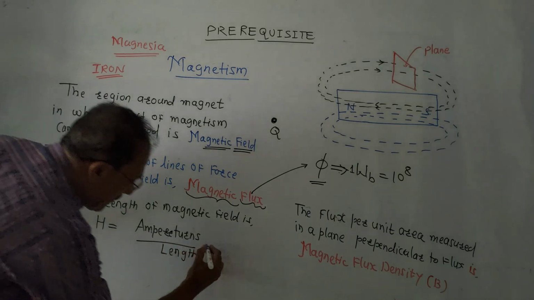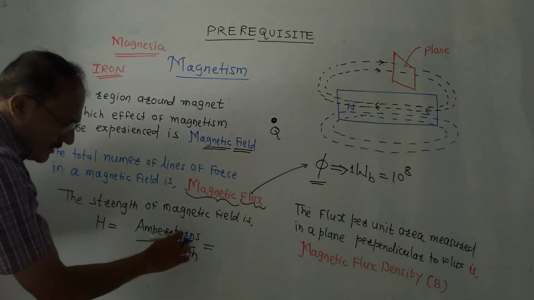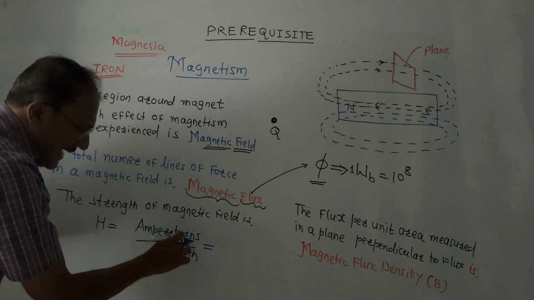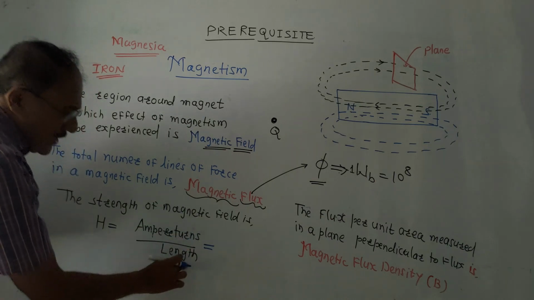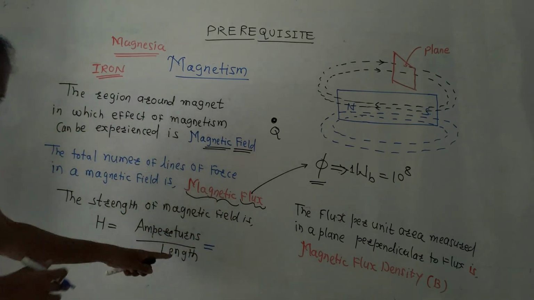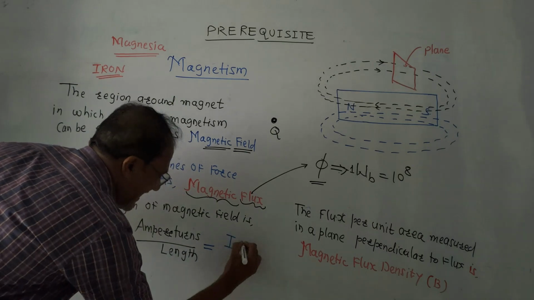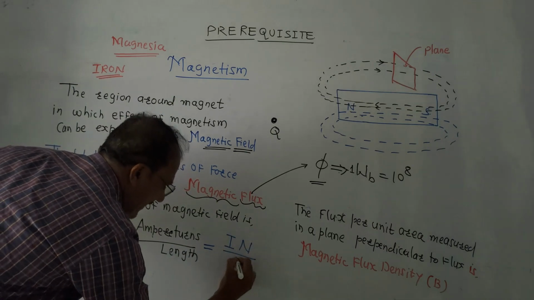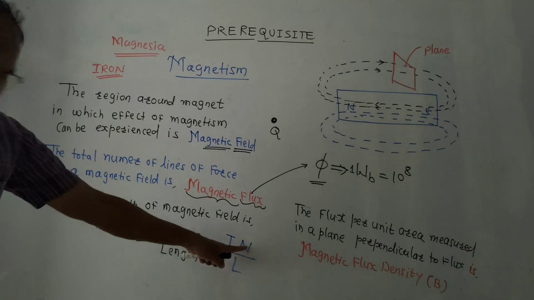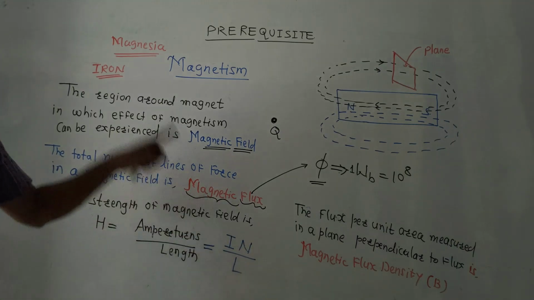Ampere is the unit of current, the number of turns is denoted by N, and for length you can use the notation L. So if I want to generate the notation, it can be written as I N upon L. N represents the number of turns, I represents current, L represents length.